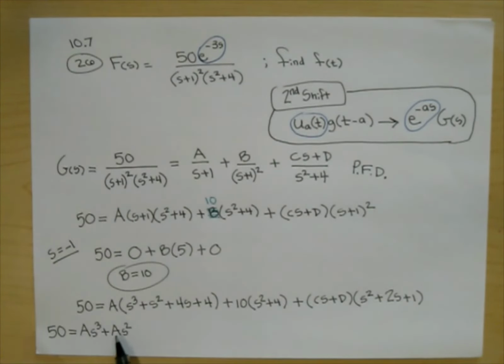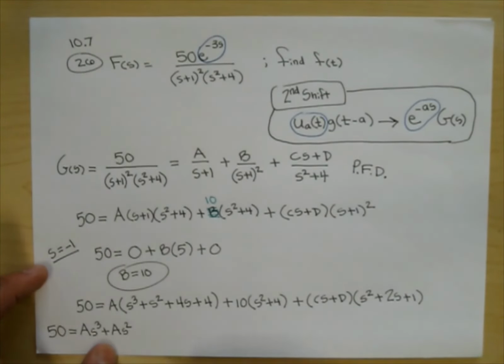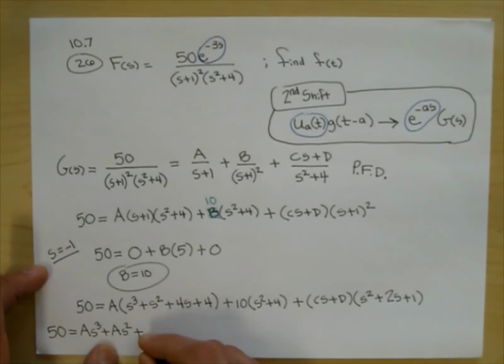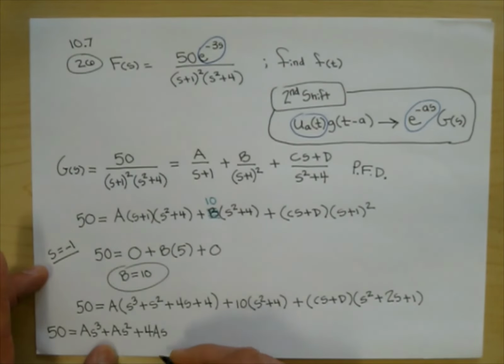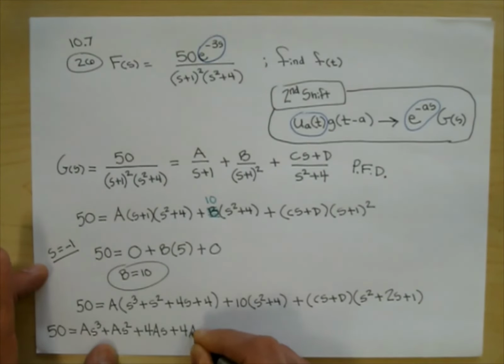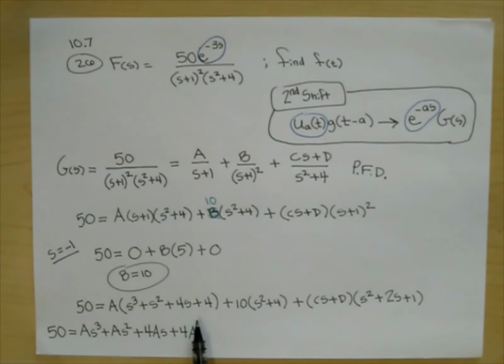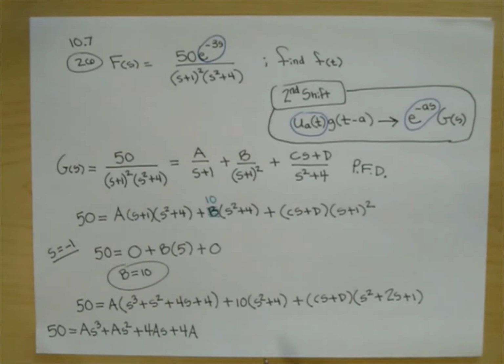So please don't call people an as squared. And then we have plus 4as plus 4a. Okay, so we distribute the a, and now we're going to distribute the 10.